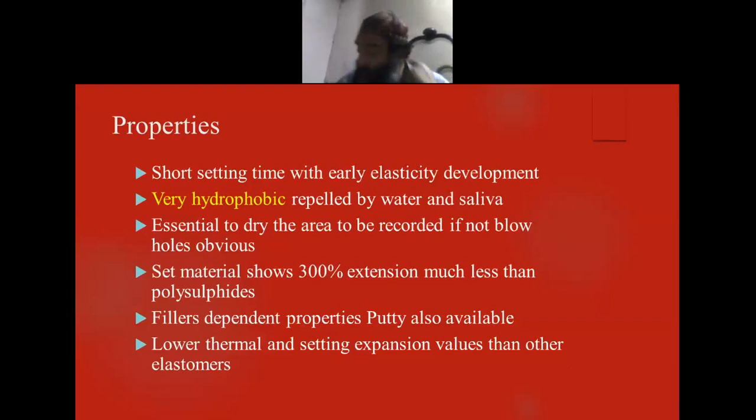It is very hydrophobic. The polysulfide was moderately hydrophilic and hydrophobic, but this is very hydrophobic, and it repels water and saliva. So it is essential to dry the area to be recorded. If not, blowholes will be obviously seen in the impression.